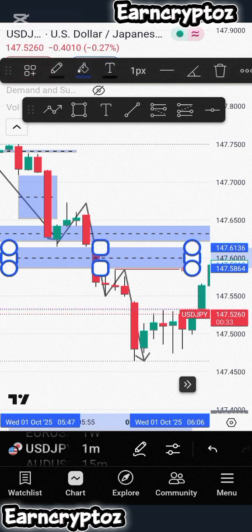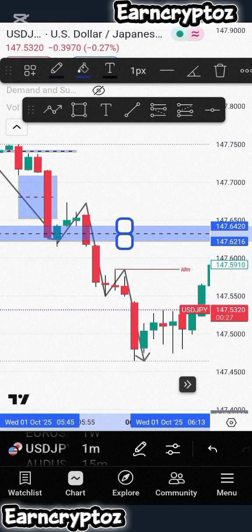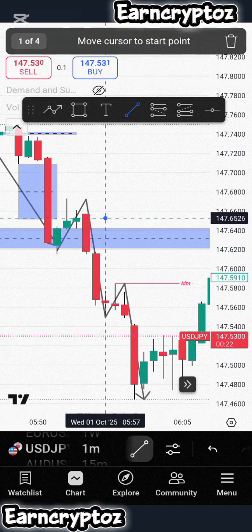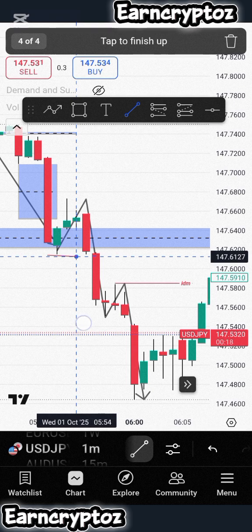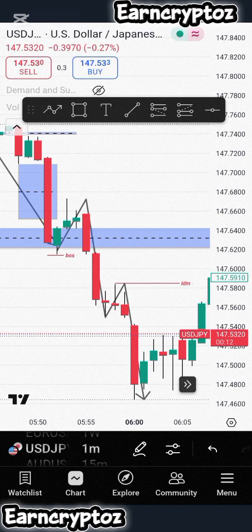Now you can see the first zone that caused break of structure. See, this is a fair value gap, but it has no break of structure, so I'll just remove this. But this fair value gap, you can see there was a break of structure right here because there was a valid pullback there. So we have break of structure, which is one of the conditions.